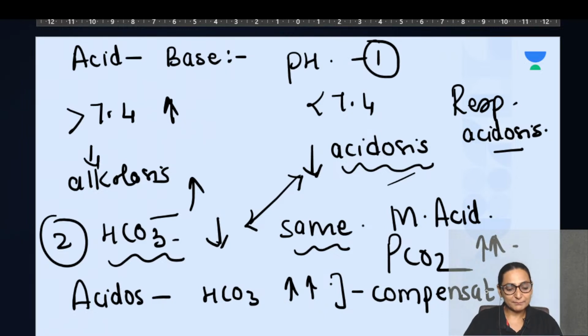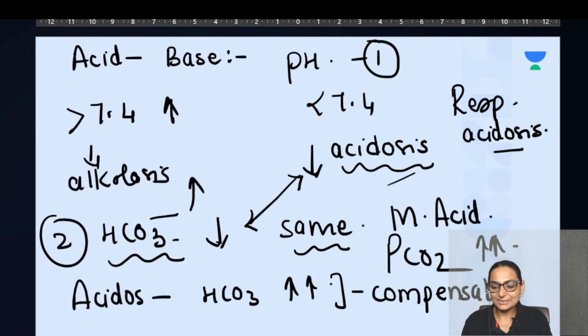right? So remember that whenever the directions are the same, it becomes very easy, but if the directions are opposite, then it is a compensation that is done by the kidneys. Now in chronic acidosis, what is important?